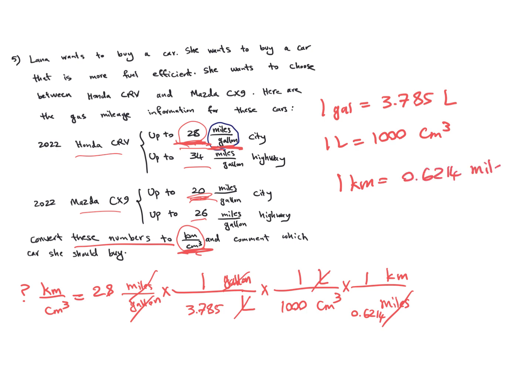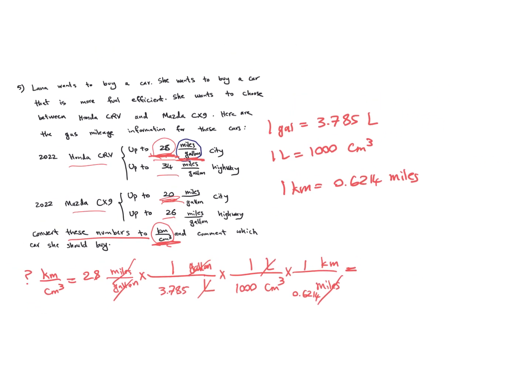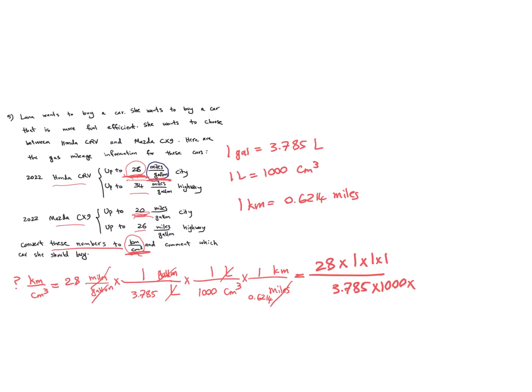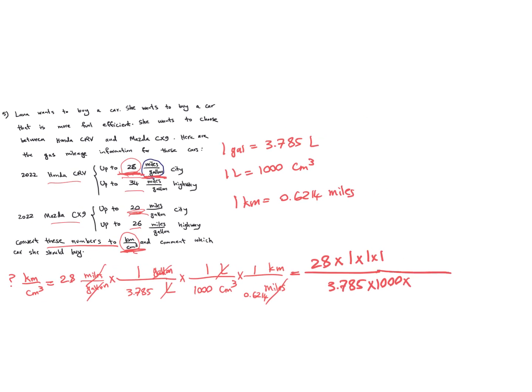Okay? So you just put these numbers in the calculator and solve the problem. And remember to write everything, and remember to write neatly so you don't make mistakes. And the number would be kilometer per cubic centimeter. And I put the numbers in the calculator.